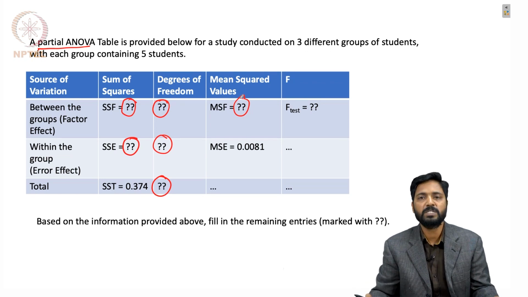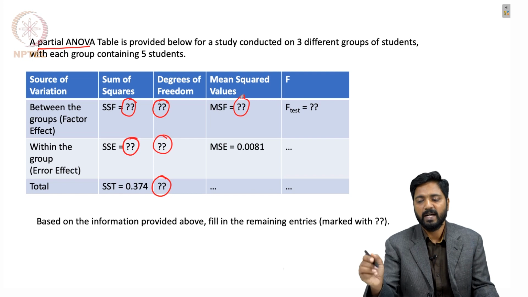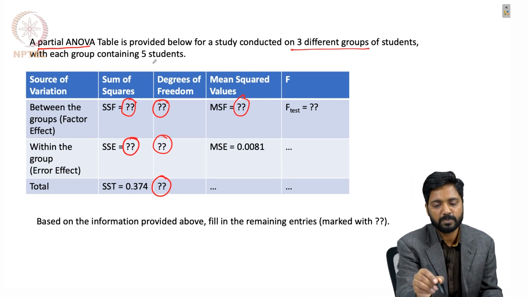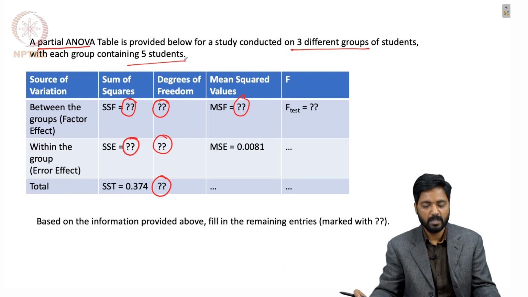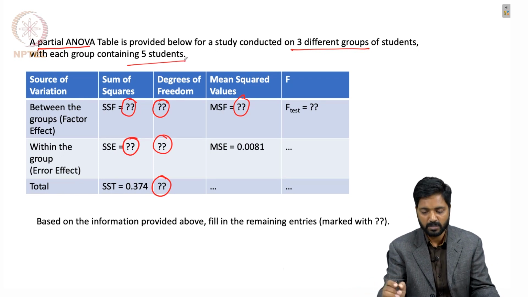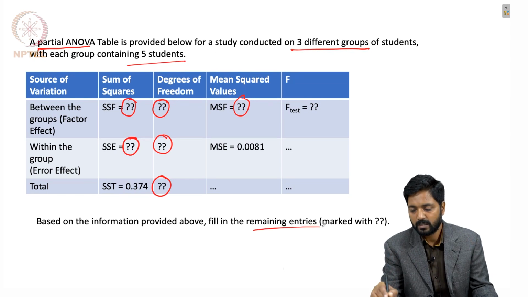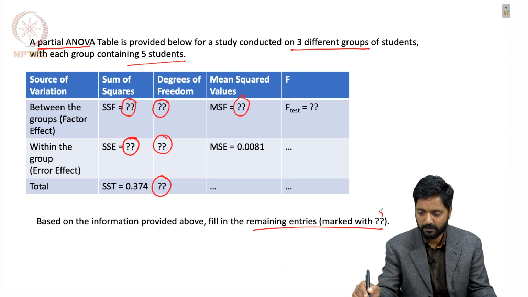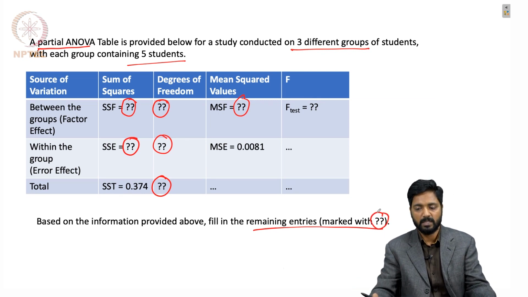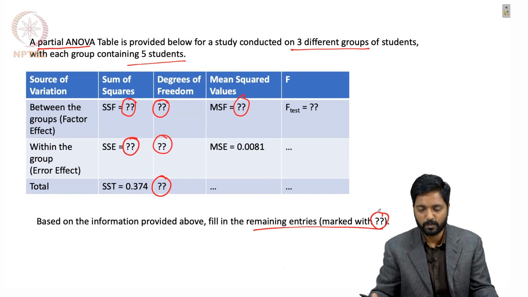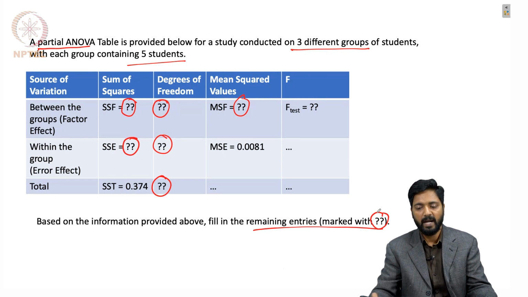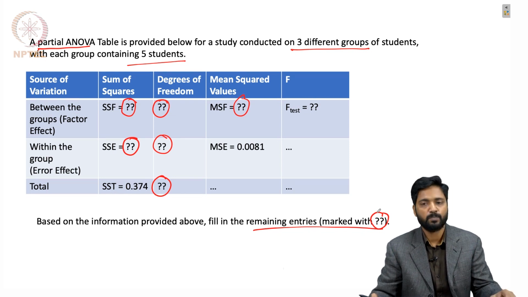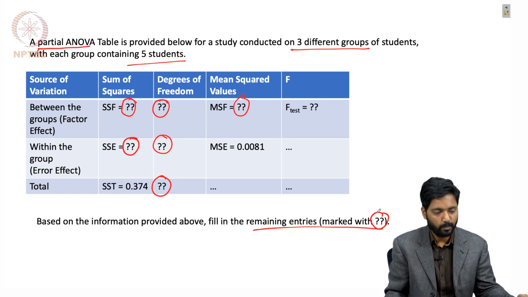The only information provided to you is that there are 3 different groups here and each of these groups contains 5 students. Based on this information, we need to fill in the remaining entries which are marked with a question mark, and I have also encircled them. So let us see what information we have here and how we proceed on this problem. So let us again go back to the board.